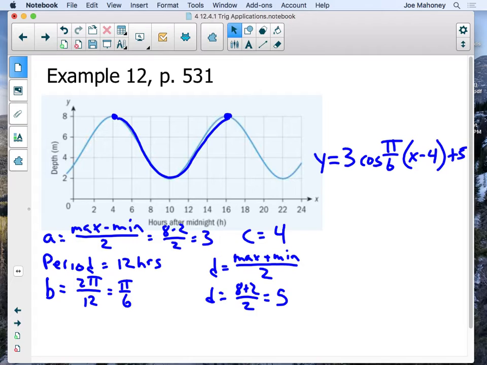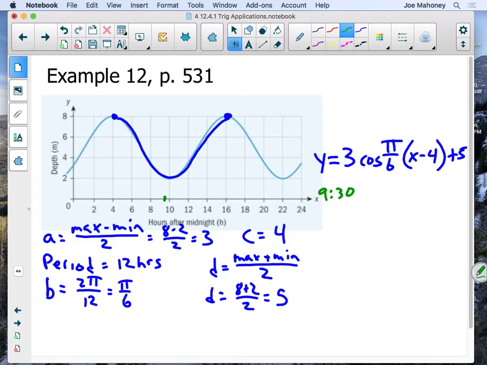We're asked to calculate the depth of the water at 9:30 a.m. So let's think of where we are at 9:30 a.m. On the graph, it's going to be right around here somewhere. That's right about where we're going to be. It looks like it's going to be more than 2, but we know that's 9.5 hours after midnight.